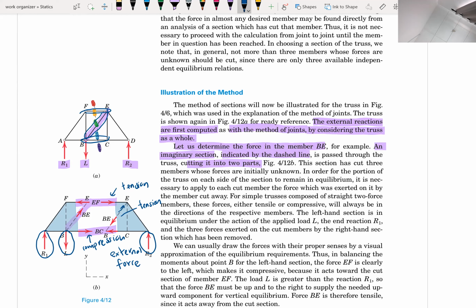Senang je, we assume first. Let's say BE tu we get negative, which means dia bukanlah tension, it will be opposite. It means under compression.